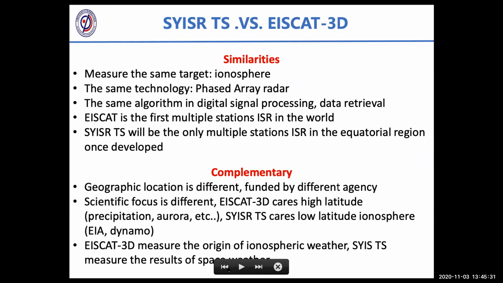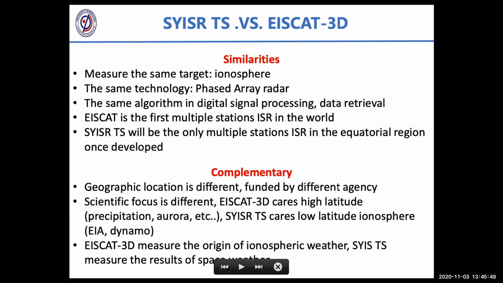So there are some similarities and also complementarities between the SESAR tristatic system and ISCAT 3D. Basically, they measure the same target, the ionosphere, and they use the same technology, phased array radar, and the same algorithms in digital signal processing and data retrieval.